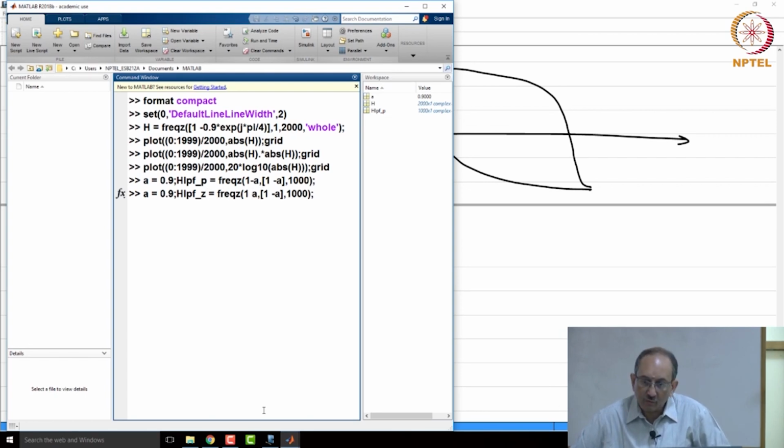The numerator is now 1 plus A Z inverse, A is 0.9, and the denominator, because I want to normalize the gain, is just a constant, and that constant happens to be 1 plus A. So I have a filter realized using both pole and zero.